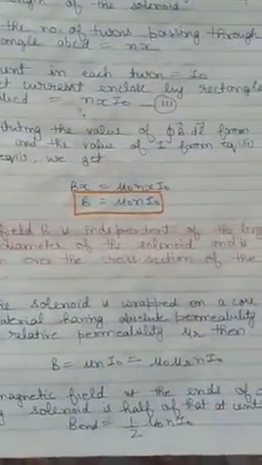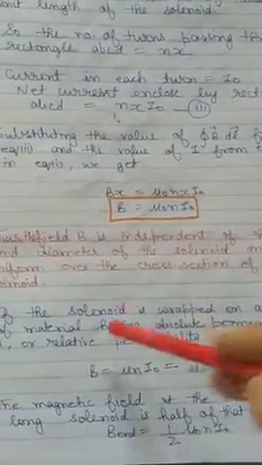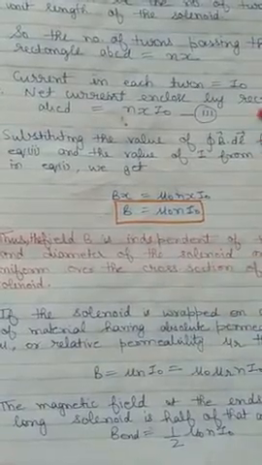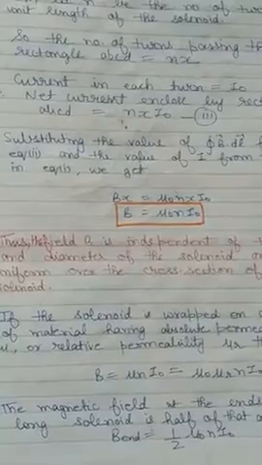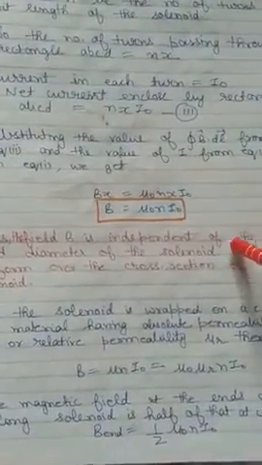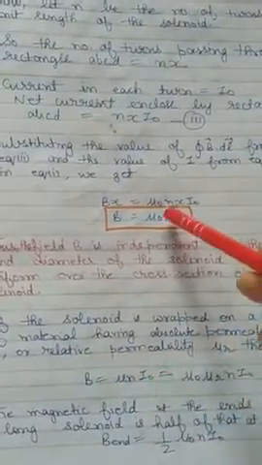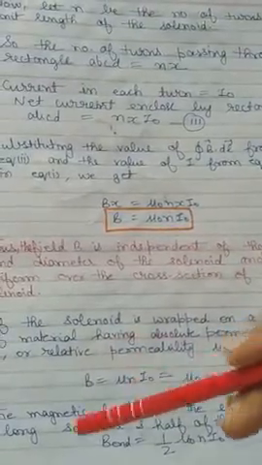Now if the solenoid is wrapped on a core of material having absolute permeability, here we are taking the permeability of free space. If the solenoid is wrapped in a material of absolute permeability, that is mu, then the magnetic field is written as mu n into I naught. In place of mu naught representing free space, mu will represent the material.